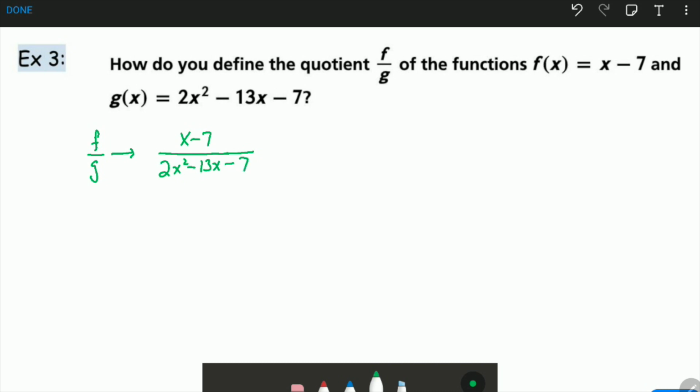Now, on the other examples, I said you should have parentheses as you are setting stuff up. Well, parentheses aren't really necessary for this one because there is implied parentheses on top and bottom. Now that we have that, we just need to simplify it.